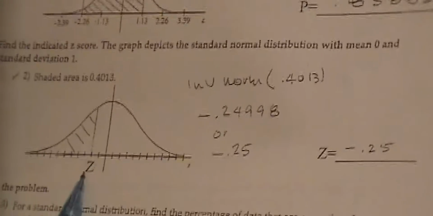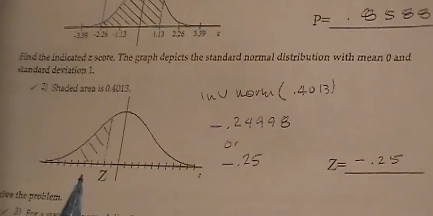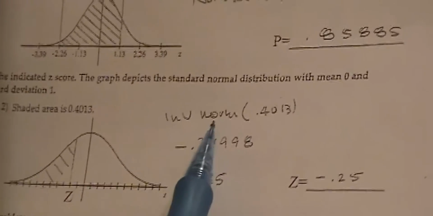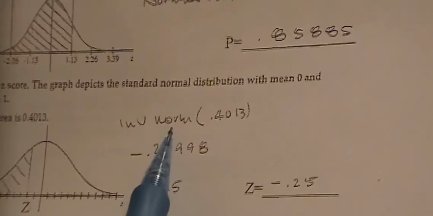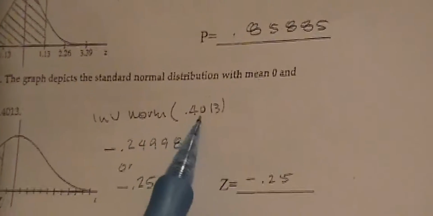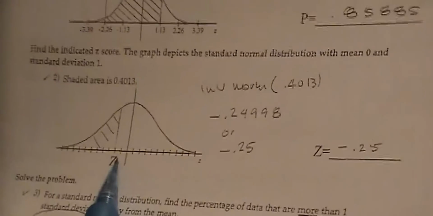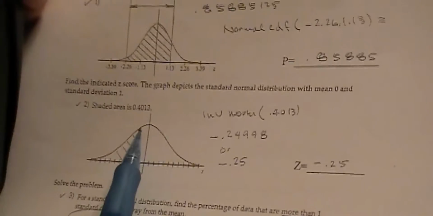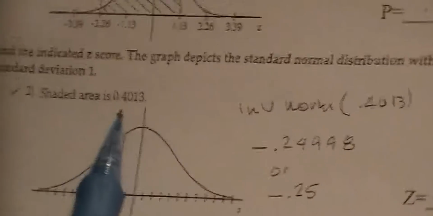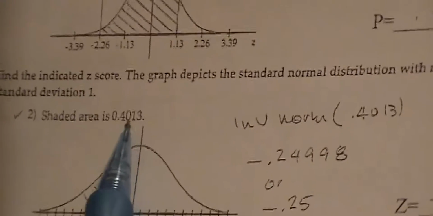And he wants you to find the z-score. So anytime you're asked to find a z-score, you're going to do inverse norm on your calculator. And all that you have to input is the area that's to the left of whatever z-score he's asking you for. So in this case, the area to the left of this line is 0.4013.